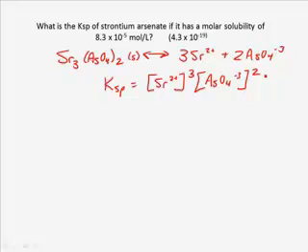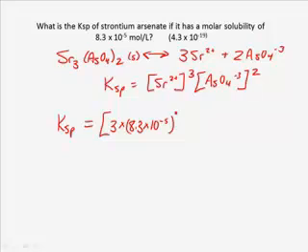It's 8.3 times 10 to the minus 5. Okay, I want the KSP. So if the whole thing is 8.3 times 10 to the minus 5, then the strontium concentration is going to be 3 times 8.3 times 10 to the minus 5, cubed.